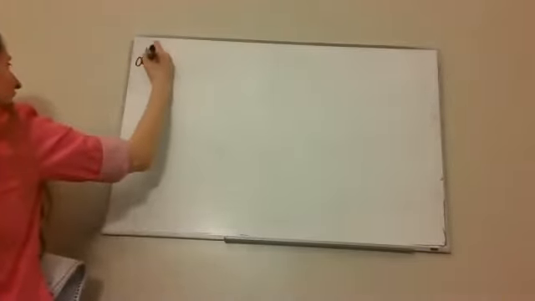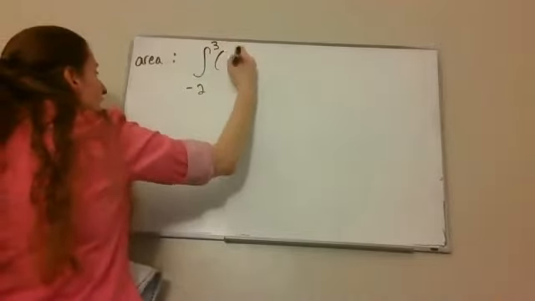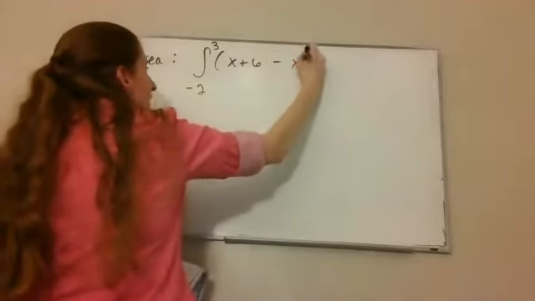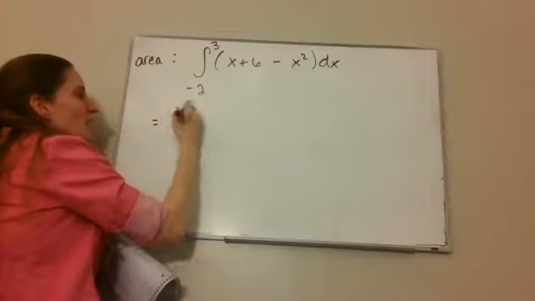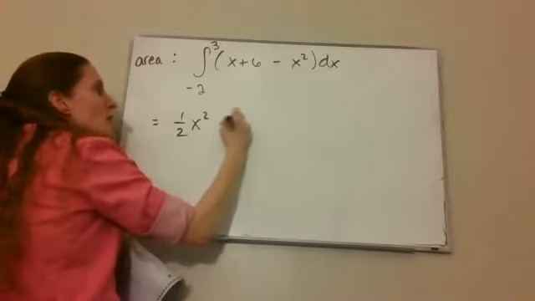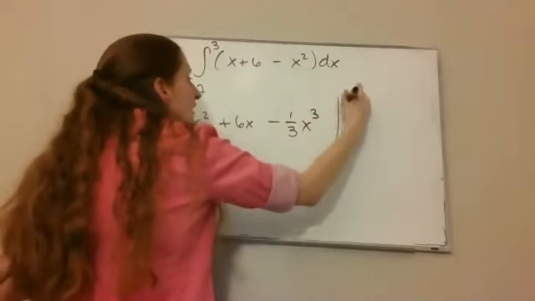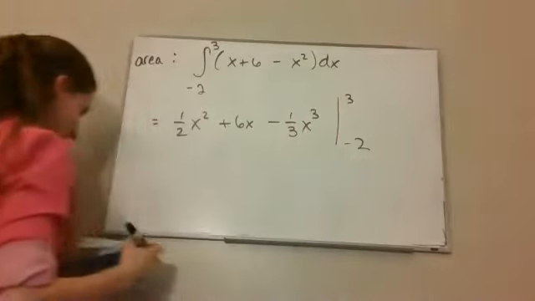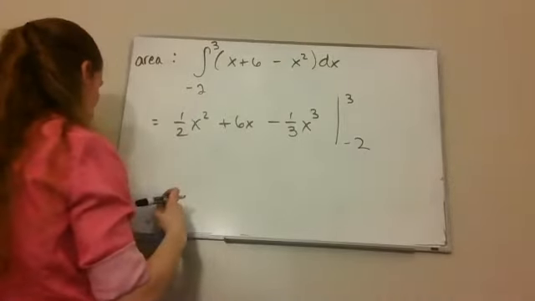So again, my area of R was the integral from -2 to 3 of the top function minus the bottom function dx. And so I get 1/2 x squared plus 6x minus 1/3 x to the 3rd, and now I just need to plug in those bounds.